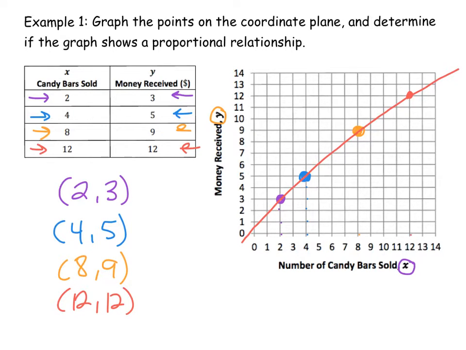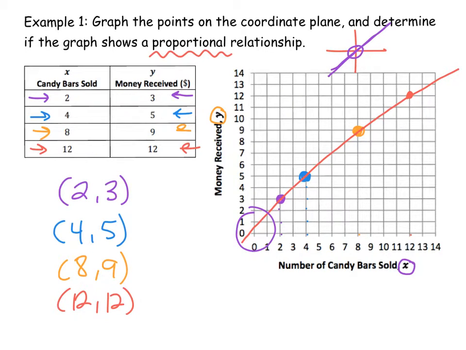Now, we have to ask ourselves, is this proportional? Remember, if we have a graph, it should be a straight line through the origin. Straight line through the origin. So first of all, is this a straight line? Well, no. And did we go through the origin?